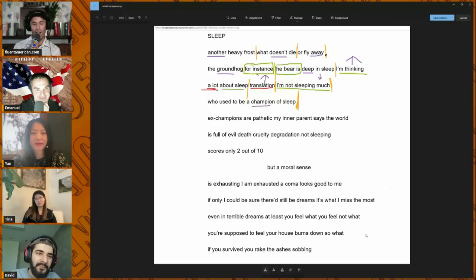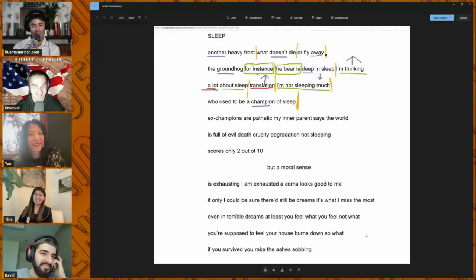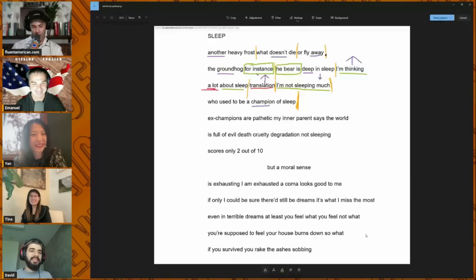Like, how's this? If the poem starts off with the same words, but you're smiling and stuff like that, you're like, oh, another heavy frost. What doesn't tire? You can add that, and then it can become really tragic.